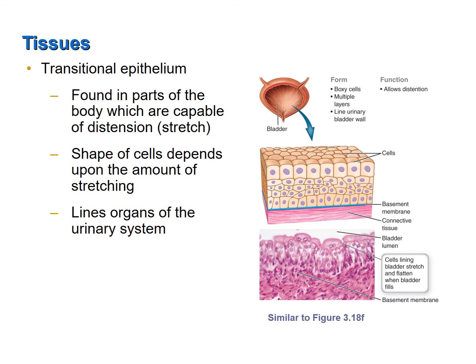When the bladder is empty or nearly empty, the cells of the transitional epithelium appear to be cube-shaped. However, as the bladder fills and the lining of the bladder is stretched, the cells take on a more squamous or flat looking appearance. That is, they transition from one type of tissue to another, or at least they appear to.